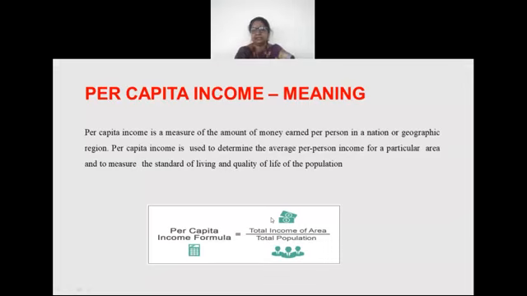Father 50,000, mother 30,000, so it gets 80,000. Now these two children are earning some 20,000. So totally 1,20,000 rupees. So the total income of the family is 1,20,000.